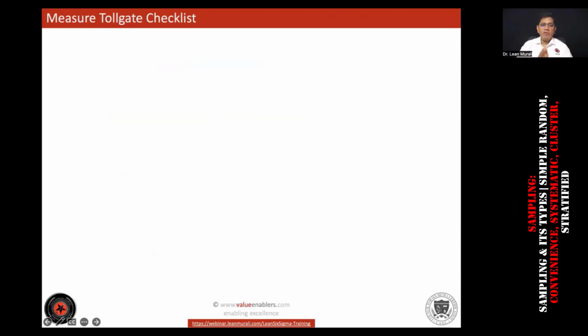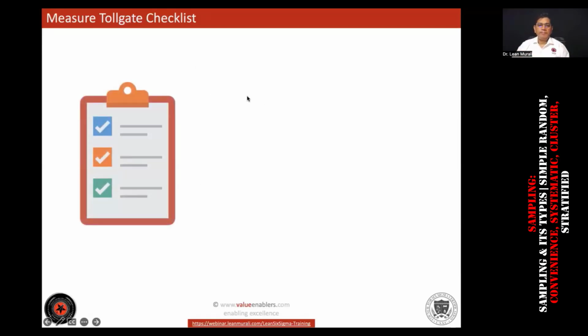We are coming to the end of the measure phase, and each phase has to pass through a certain toll gate. Unless you qualify on this checklist, you will not be allowed to go to the next phase. When you reach the toll gate, you will be checked for this. What will you be checked on? Let's see.